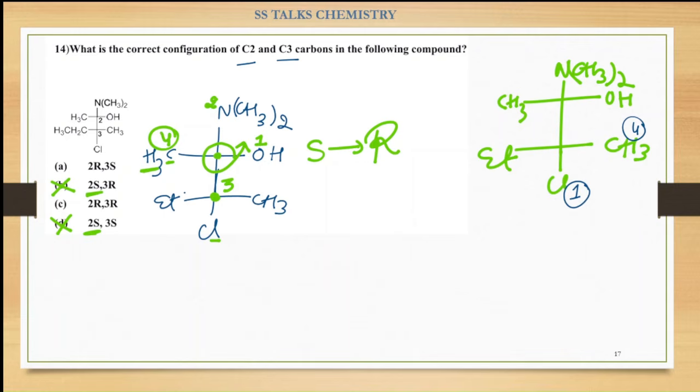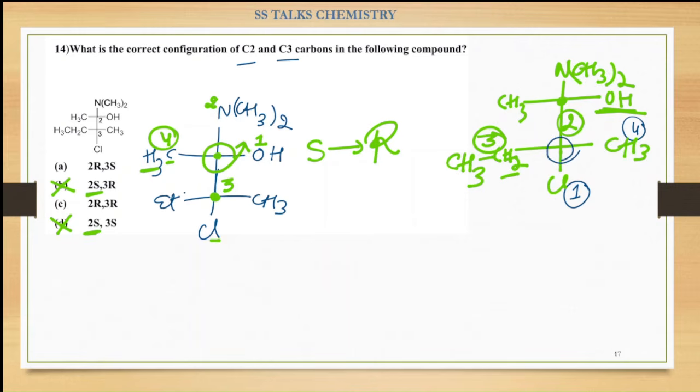In the case of the ethyl that I have written, it means you have the CH2 group, which is further attached to this methyl group. And here also this carbon atom is attached, which is further attached with this OH group. That means this one will be the second priority, and this CH2CH3 will be the third priority. Now let us rotate 1 to 2 to 3.